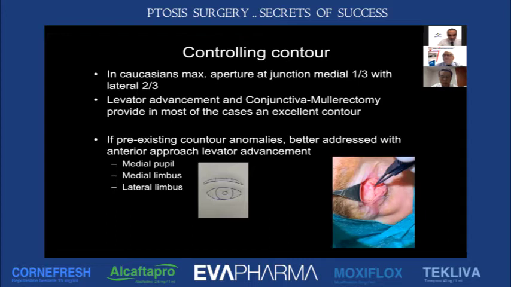Usually both the levator advancement and the conjunctival Müllerectomy provide a good result in terms of contour. If there are some pre-existing contour anomalies, I prefer to use the anterior approach, and I usually place 3 sutures in the tarsus, one at the level of the medial pupil, another one at the level of the medial limbus, and another one at the level of the lateral limbus.